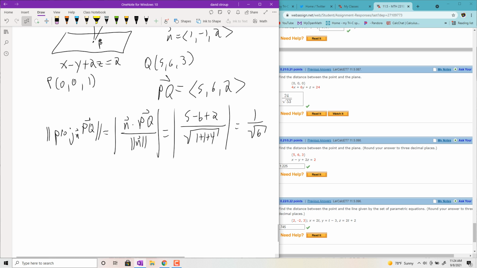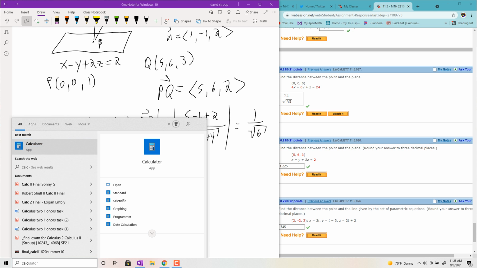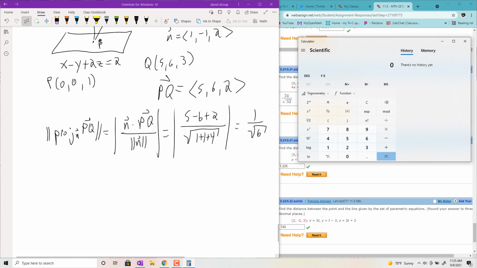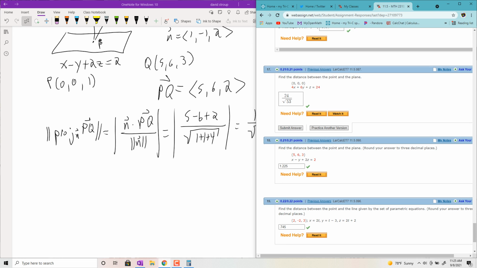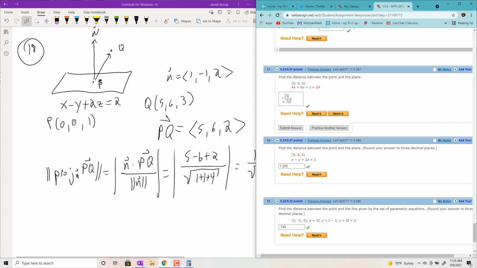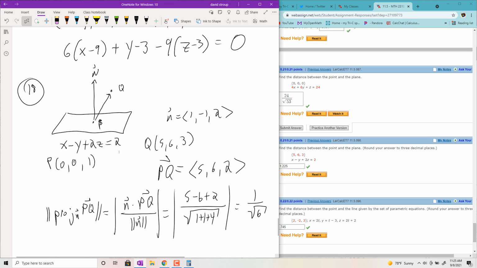Is that right? I don't think that's right. Let me check. Calculator. Seems like it should be 2 divided by square root of 6. Really? That's not right. It's 5, 6, 3. It's the original. I see it.